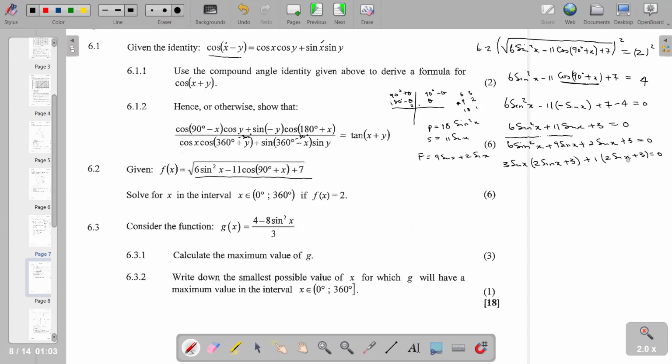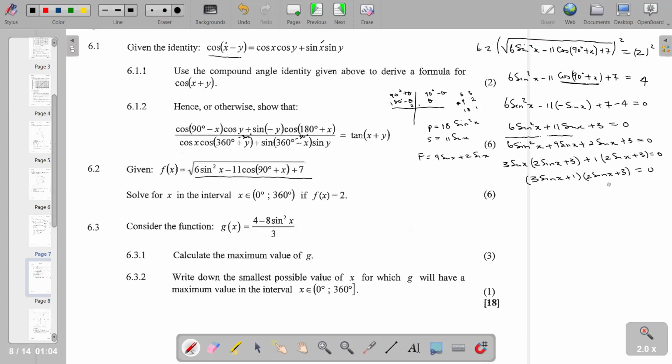The repeated factor, you write it once, so we have 3 sine x plus 1 multiplied by 2 sine x plus 3 equal to 0.